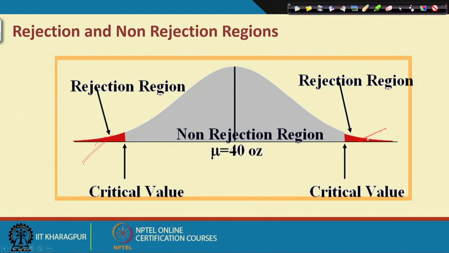In the next slide I will highlight that, but as per the steps I mentioned in the previous slides, we have prepared a structure here. This is the alpha fixation, and in this case it is on both sides, that is the two tail structure, and this is called the critical value, and this side also a critical value.